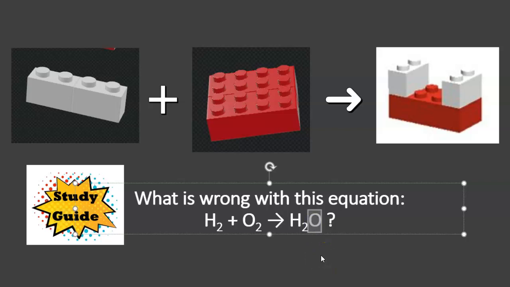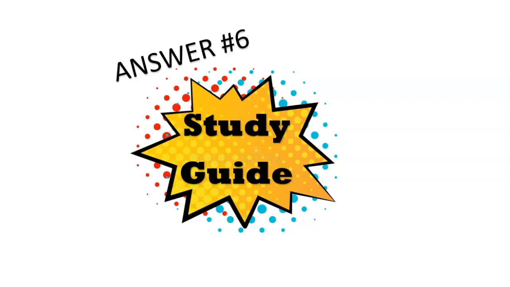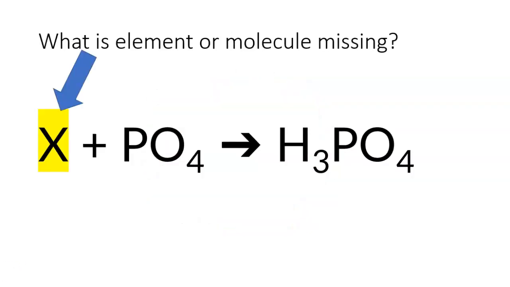There's only 1. Okay, this cannot happen. The reason this cannot happen is because matter cannot be created or destroyed. Whatever amount of atoms you have on the reactant side has to be the same amount over here on the product side.